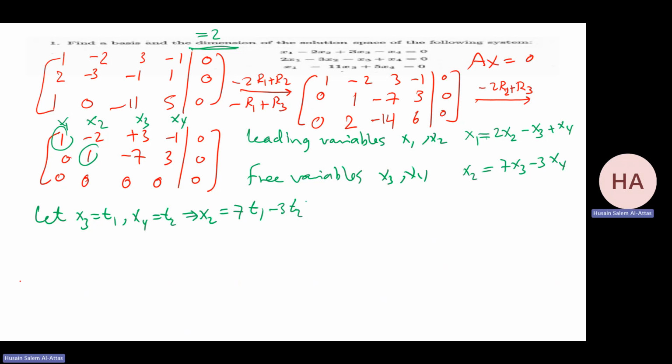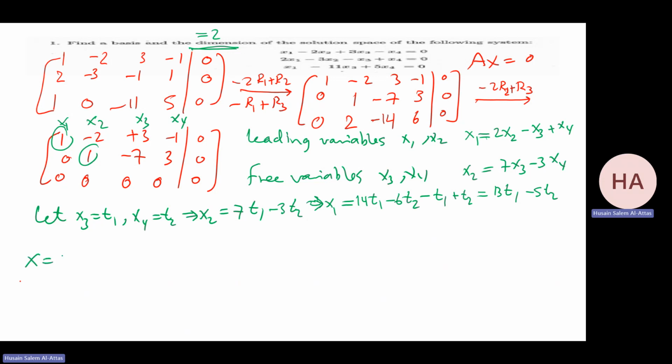And that implies x1 will be what? 2x2, which is 14 t1 minus 6 t2, minus t1 plus t2. That gives me 13 t1 minus 5 t2.